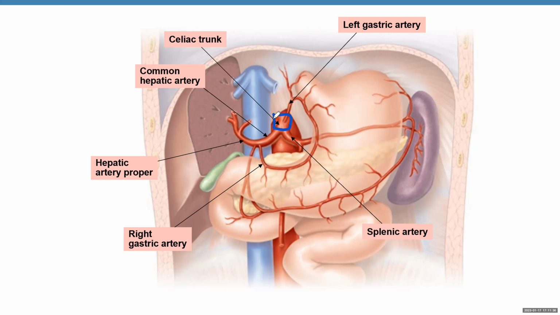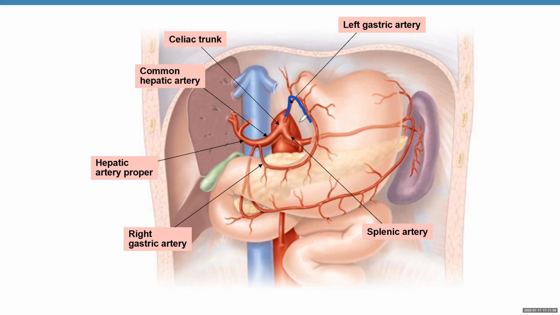So the celiac trunk splits into 3 branches: right gastric, blood to the stomach; splenic, to the spleen, so here's your spleen; and common hepatic, to the liver. Again, left gastric, did I say right gastric? I'm sorry.